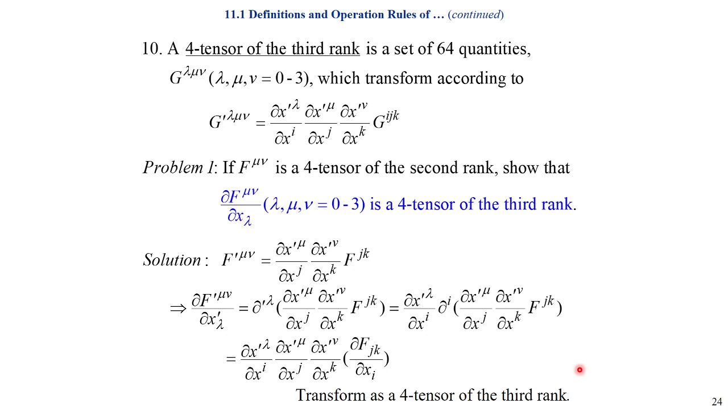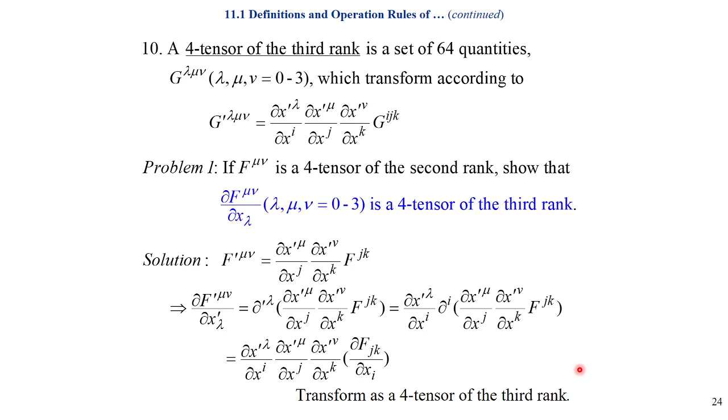A four tensor of the second rank is a 4 by 4, so it's 16 quantities. So obviously a four tensor of the third rank is a set of 64 quantities. For example, if we have G^{λμν}, then the transform will need 3 Lorentz transformations.